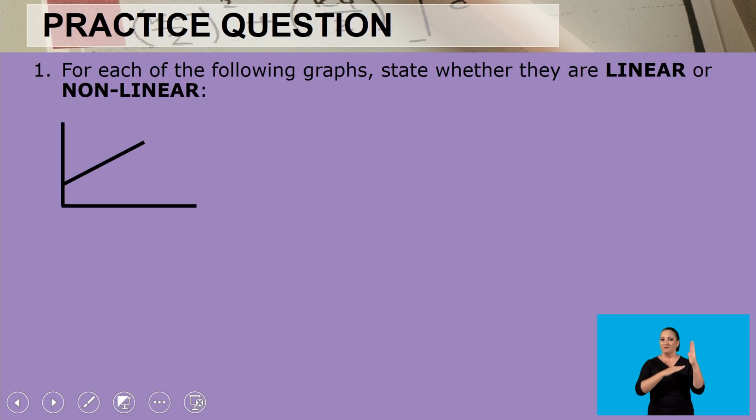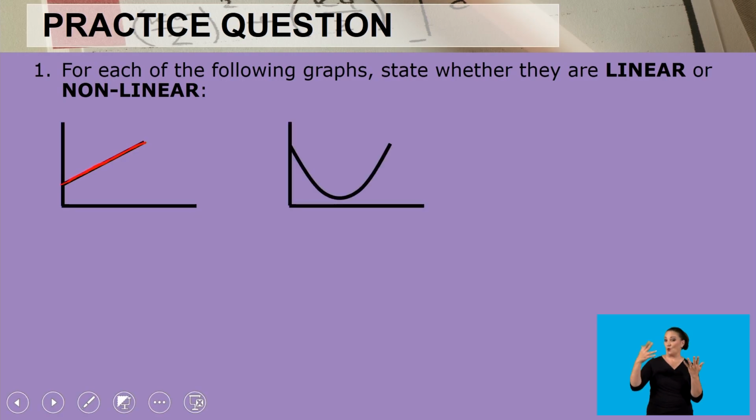The first graph that we have been given, is it straight or is it curved? Of course, we can see that it is a linear graph because it is straight. What about the next one? Is it linear or non-linear?